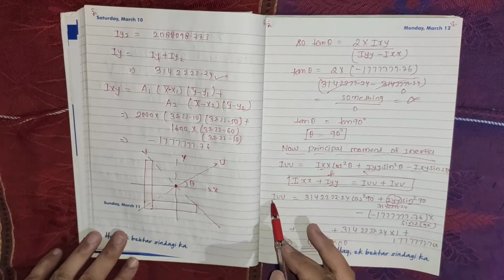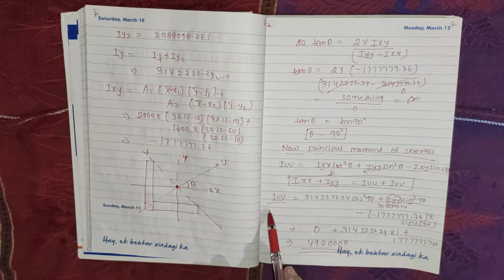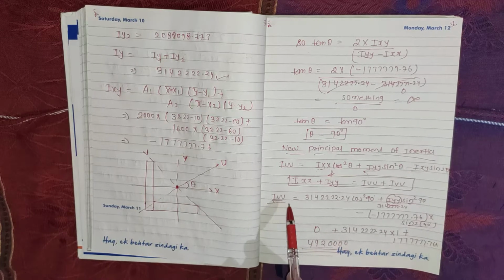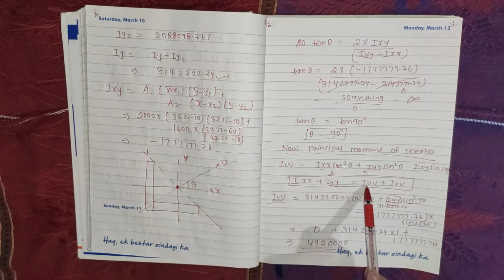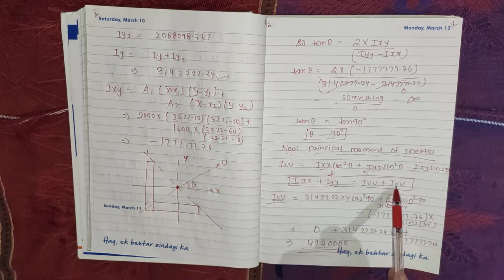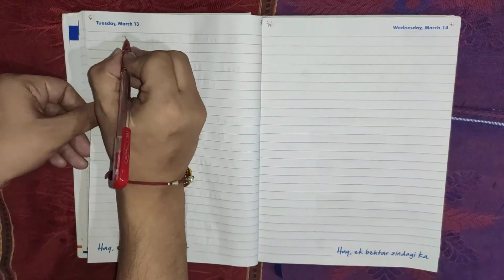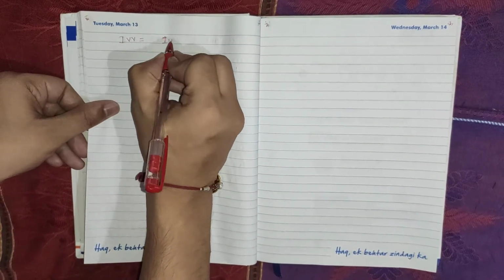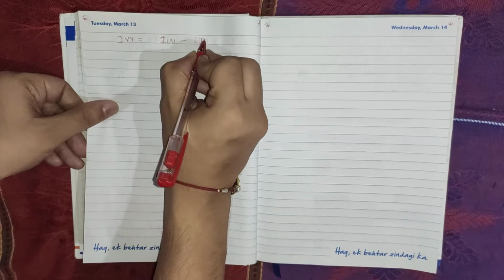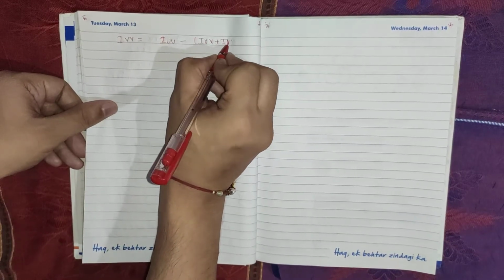So now you have calculated the principal moment of inertia IUU. Then you can easily calculate the value of IVV. You have the value of IUU, IXX, IYY, then calculate IVV. IVV is equal to IUU minus IXX plus IYY.